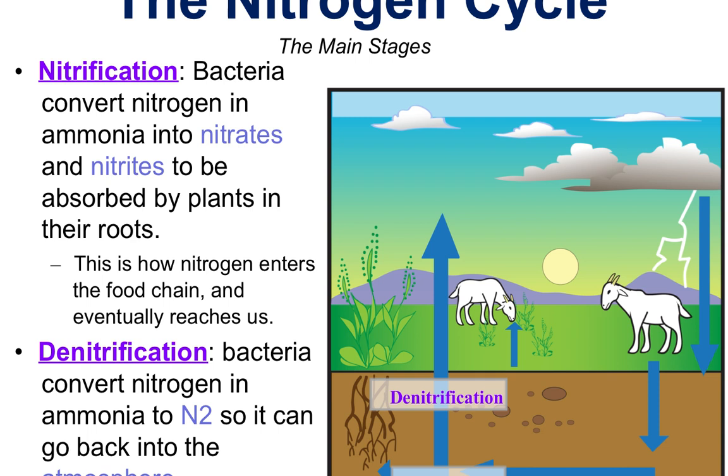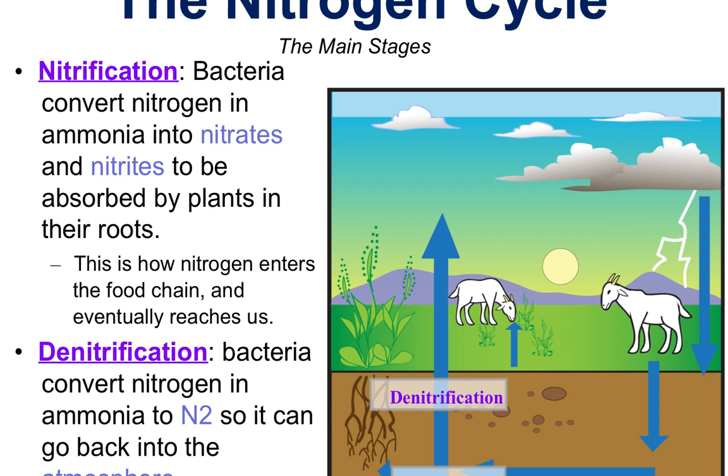Nitrification is when those bacteria convert ammonia into nitrates and nitrites. The difference between those two is just an oxygen molecule. But in any event, the bacteria are doing this for us, and we want to convert into those nitrites and nitrates, which are NO2 and NO3, because that's how plants are going to absorb it into their roots.